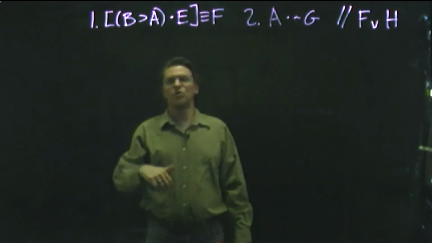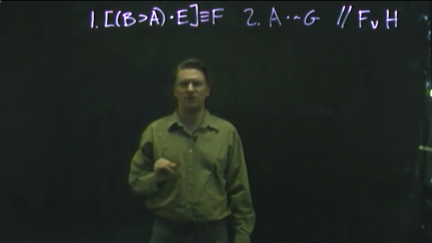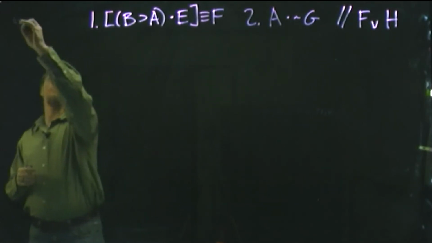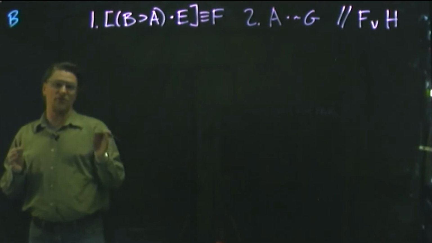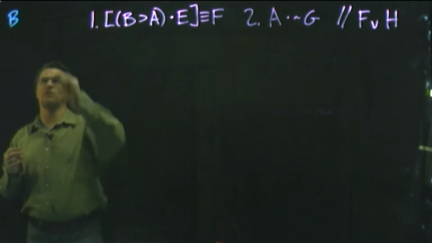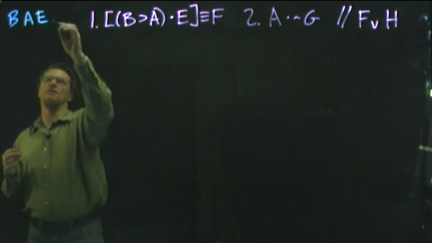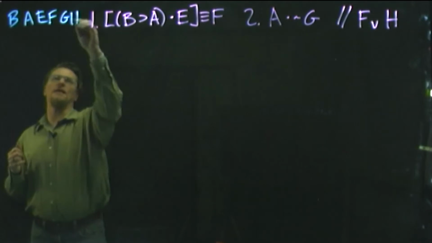And so you'll remember from 5.4 that the way we would set this up in terms of using an ordinary truth table is over here off to the left. We would list all of the different letters that are in these various statements, right? So we begin by getting B, A, E, F, G, and H, right?